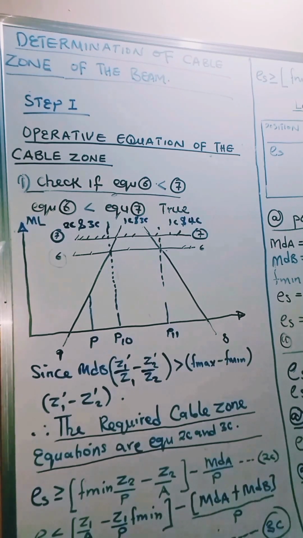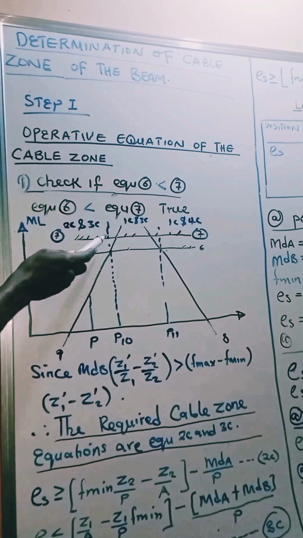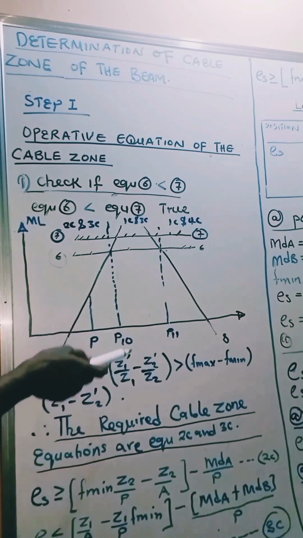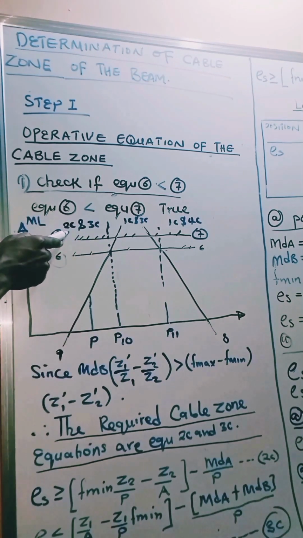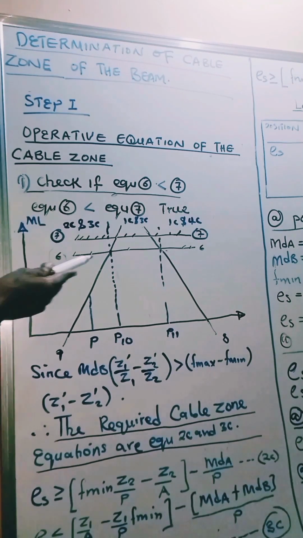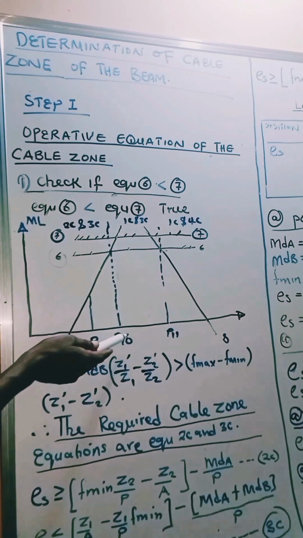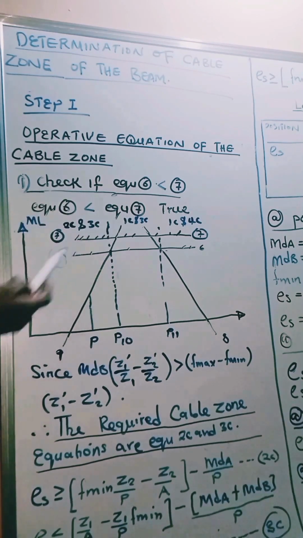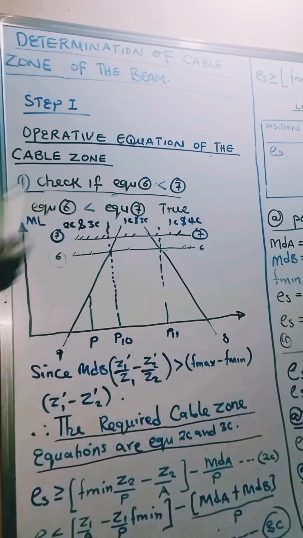If equation 10 intersects, which are the critical values for pre-stressing force, economic pre-stressing forces, we said that the operative equations for the upper and lower bound limit of the cable zone are 2C and 3C respectively. And also, if your pre-stressing force lies between P10 and P11, we said we make use of 1C and 3C respectively. And also the same for that of P11.